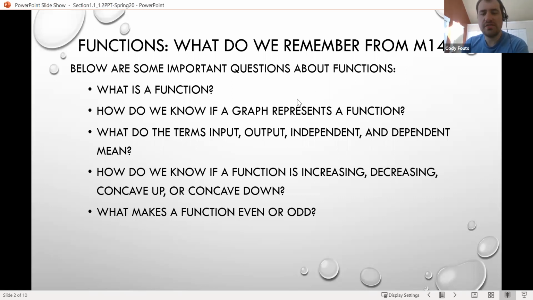Now, these are all topics that were covered in Pre-Calculus I, and so I'm actually not going to go over them at length right now. We'll talk about a few of them on the next couple of slides.